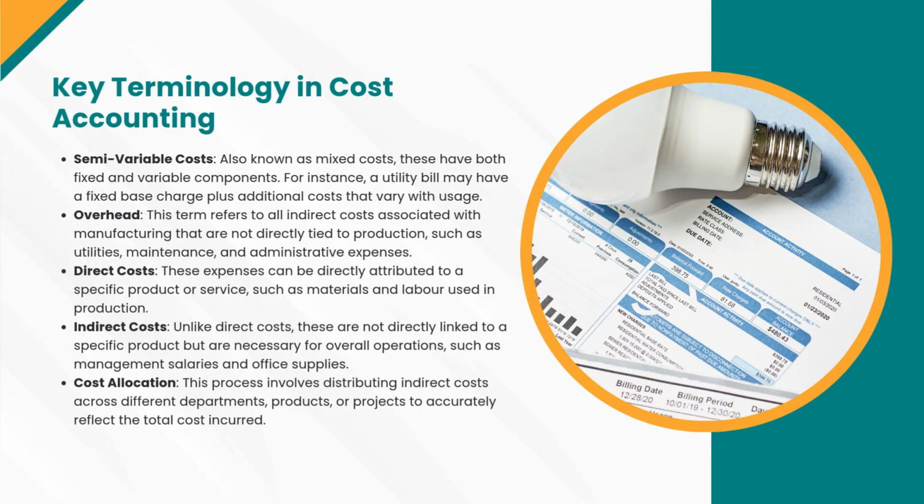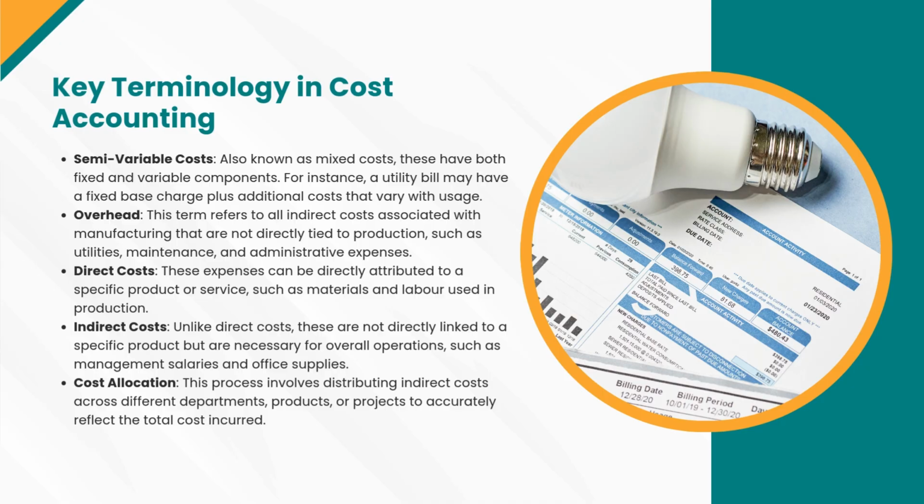Semi-variable costs. Also known as mixed costs, these have both fixed and variable components. For instance, a utility bill may have a fixed base charge, plus additional costs that vary with usage. Overhead. This term refers to all indirect costs associated with manufacturing that are not directly tied to production, such as utilities, maintenance, and administrative expenses. Direct costs.